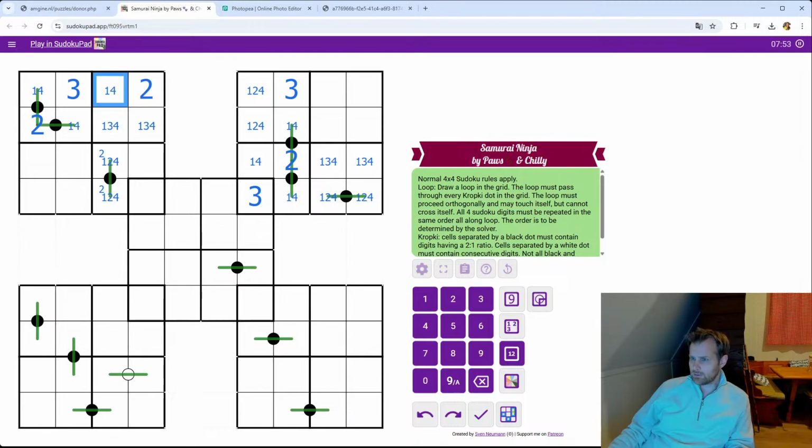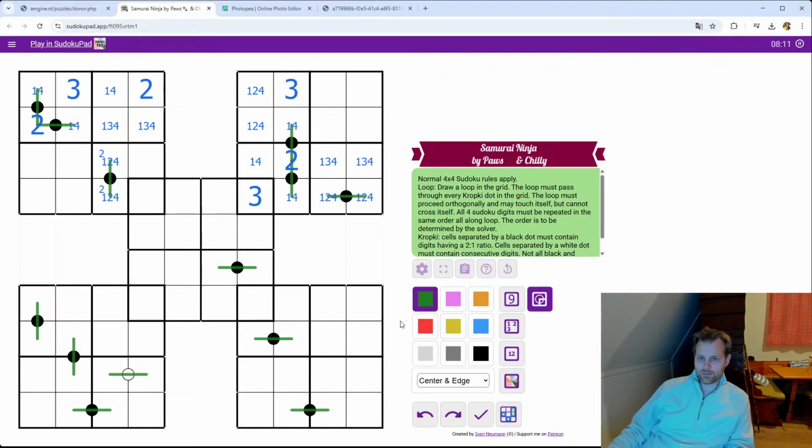Okay, yes, I understand. So basically, that's because it can be like this, but then it means that it goes like this and this one goes like this, so it doesn't cross.